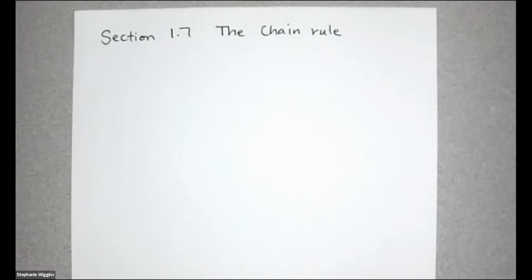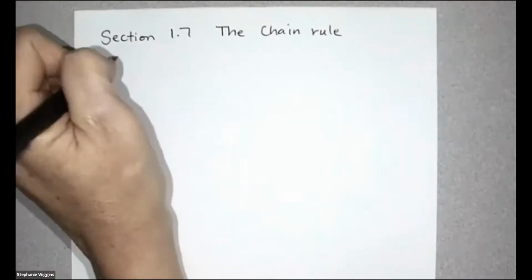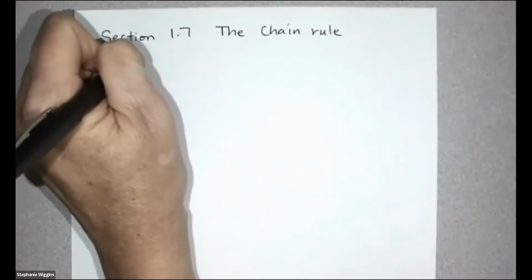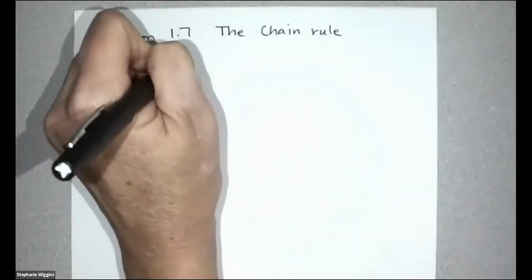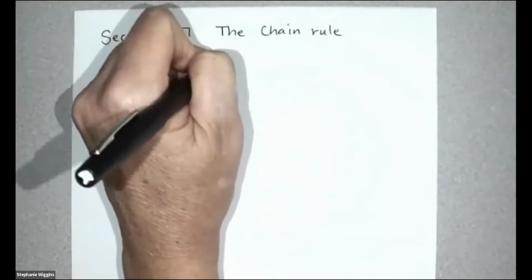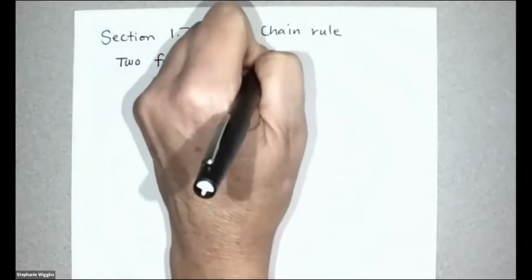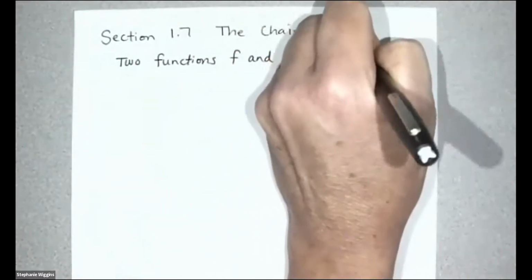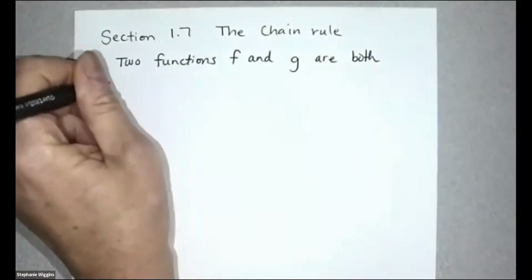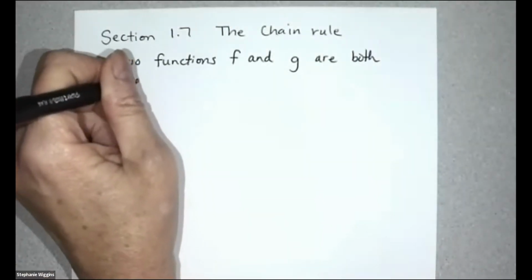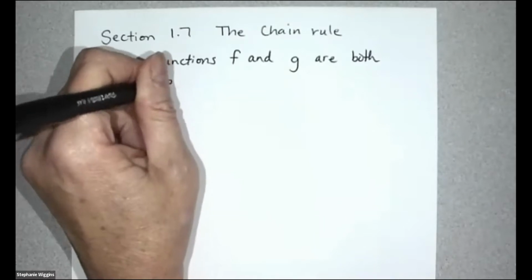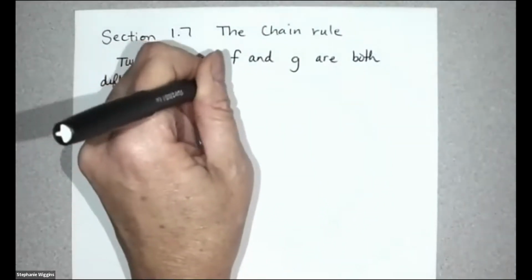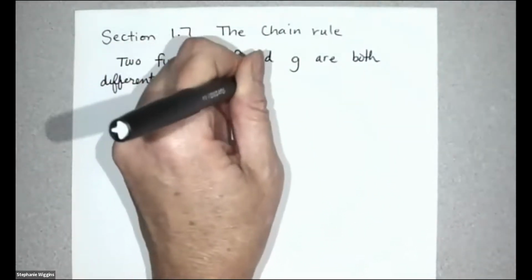Okay, the chain rule is used when you have two functions, f and g, both differentiable, and they're functions of x.